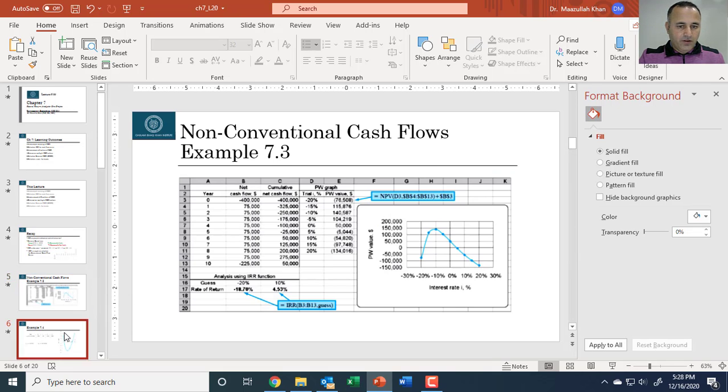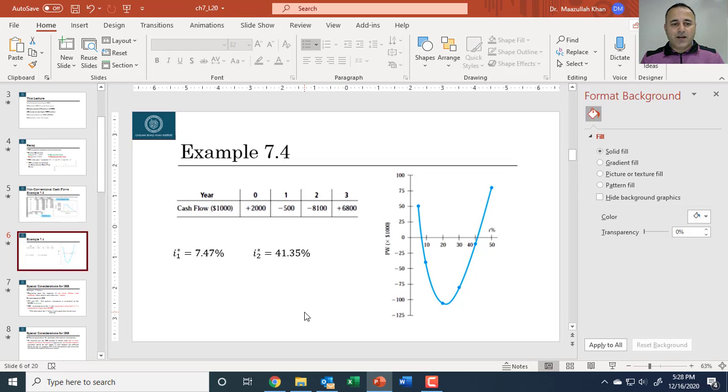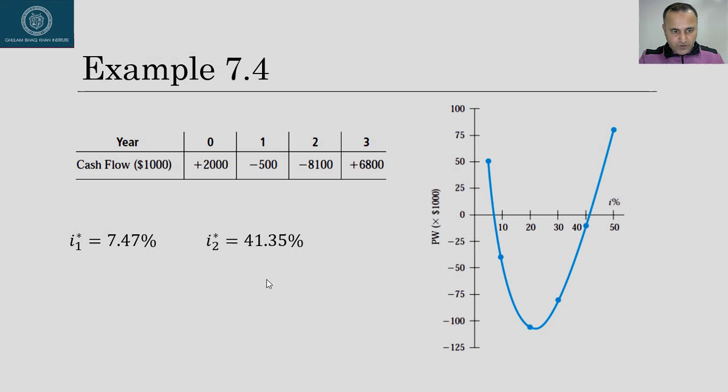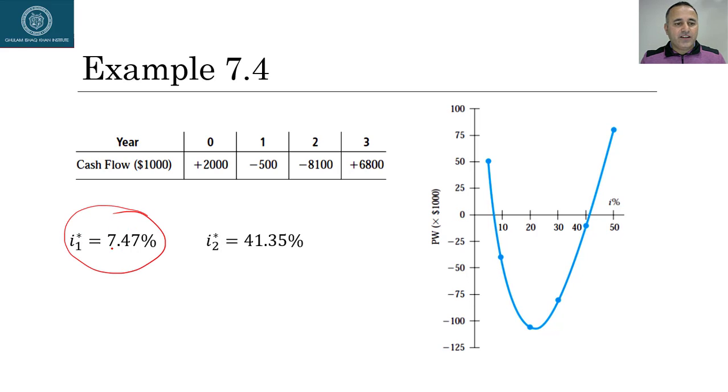If you focus on this example, I have two IRRs. One of the IRRs is 7.47 and the other IRR is 41.35. Now the guideline says if I have both positive IRRs, I have to reject both of them.